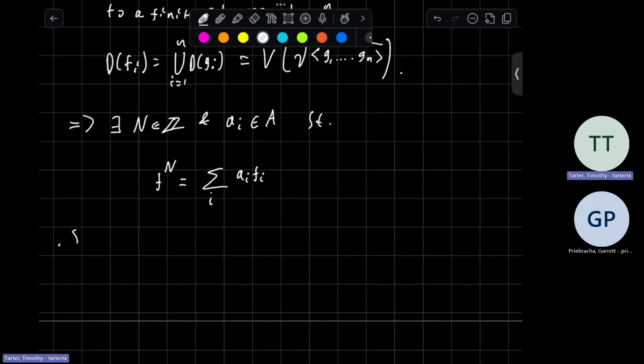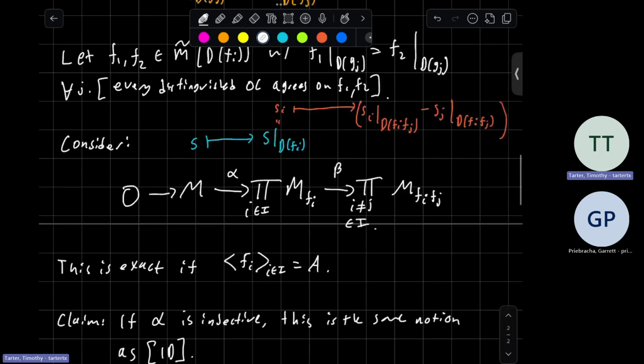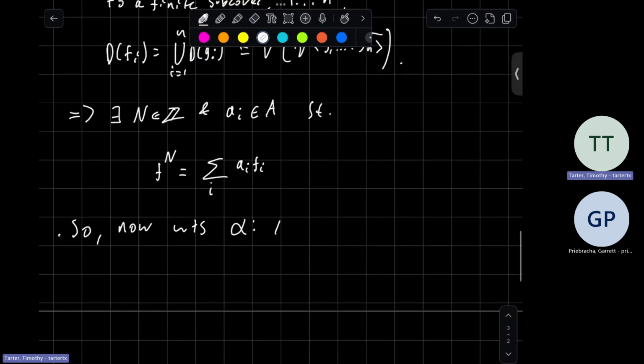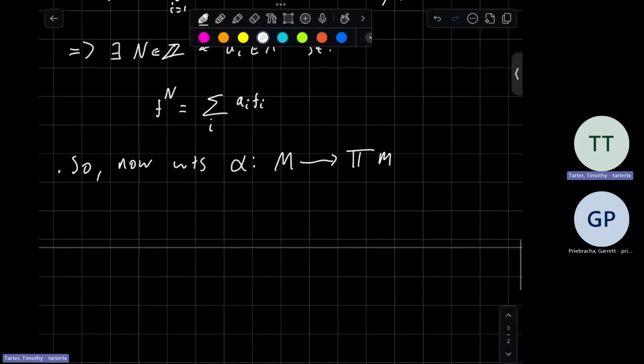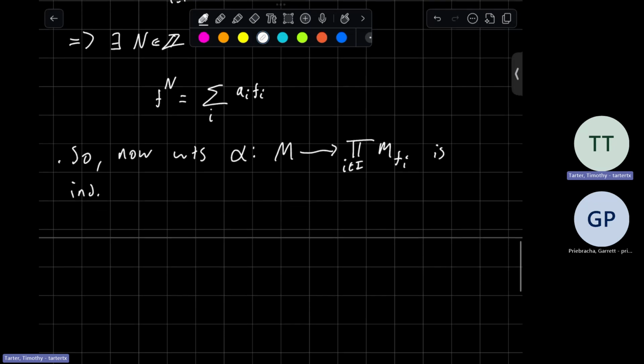Okay. So now we want to show that alpha from M to the product of M localized at f_i, over i, is injective.